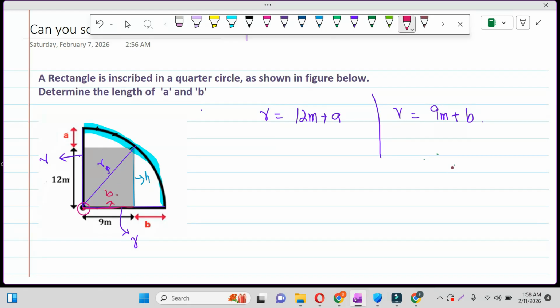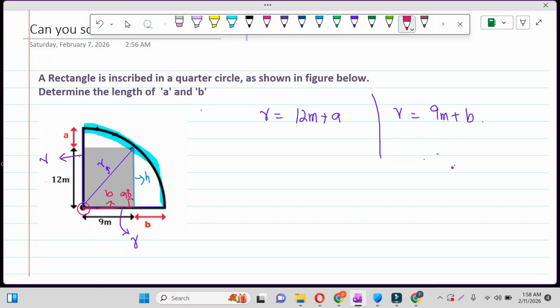This is the height, this is the base of the right angle triangle, with the angle 90 degrees here. And we know that the side opposite to the 90-degree angle is the hypotenuse. We already have the height, which is equal to 12 meters, and the base, which is 9 meters.